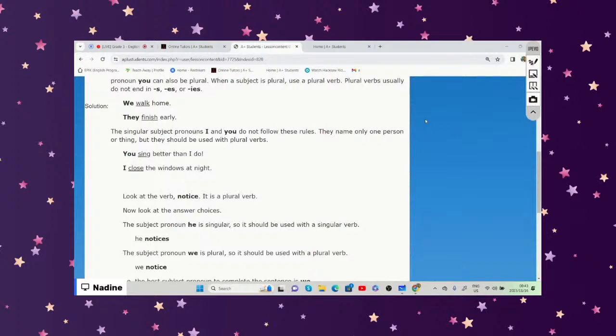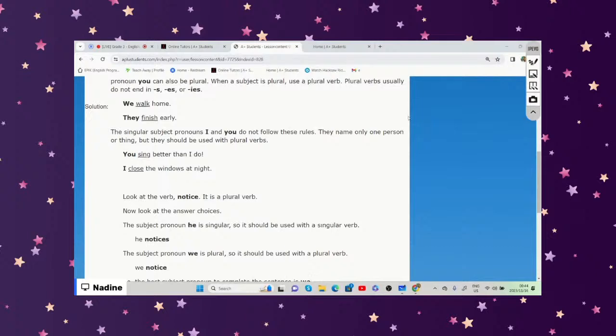And also if we look at I close windows at night, that is also referring to a singular subject pronoun.